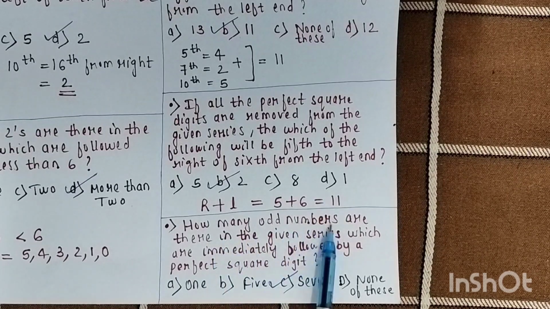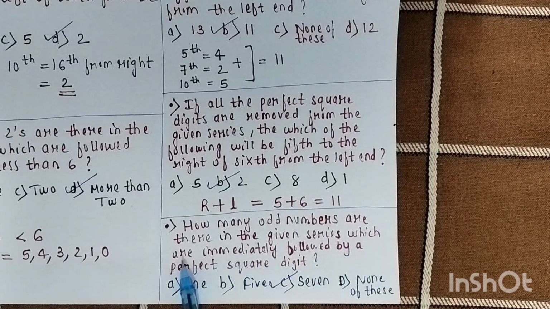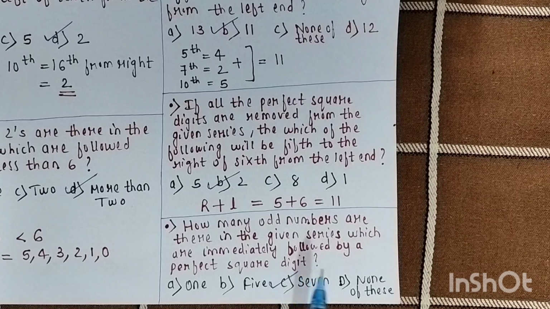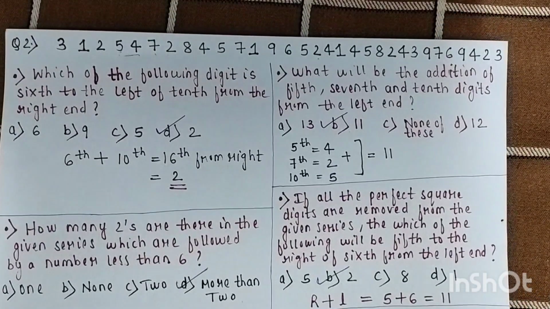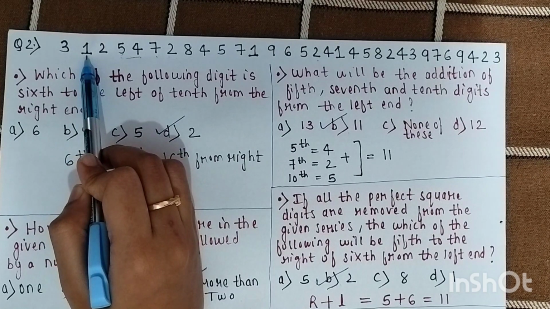How many odd numbers are there in the given series which are immediately followed by a perfect square digit? Odd number is this. Is it followed by a perfect square digit?